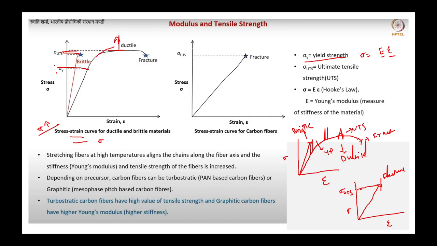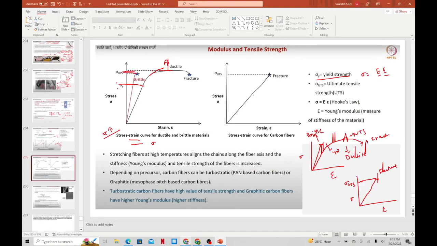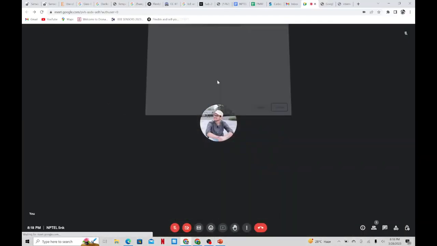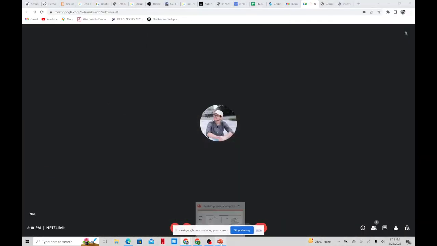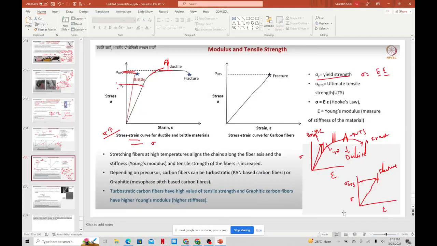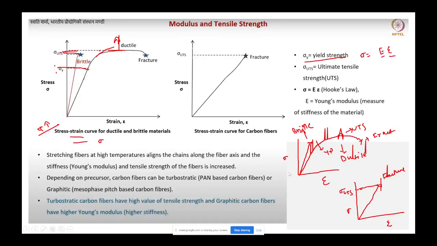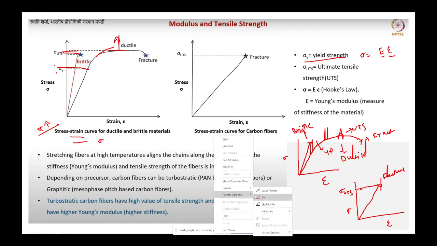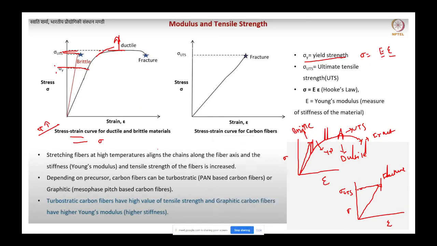Depending on the precursor, carbon fiber can be turbostratic or graphitic. Turbostratic means PAN based carbon fiber. Graphitic means mesophase pitch based carbon fiber.